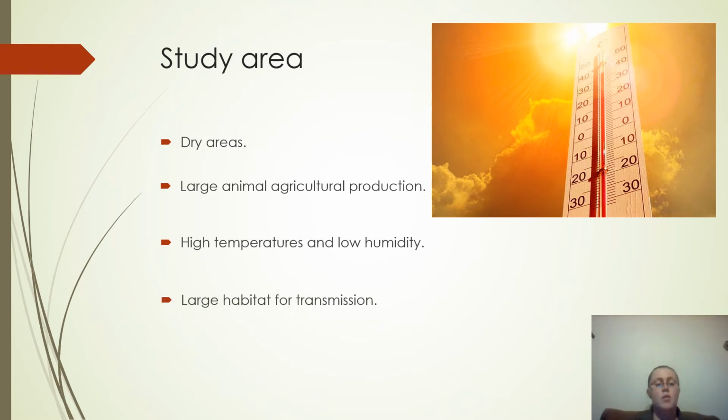This also gives rise to a large habitat for transmission, again due to the communal areas that a lot of livestock are using, as well as the different species and the large amount of livestock that are in the same area very close together.